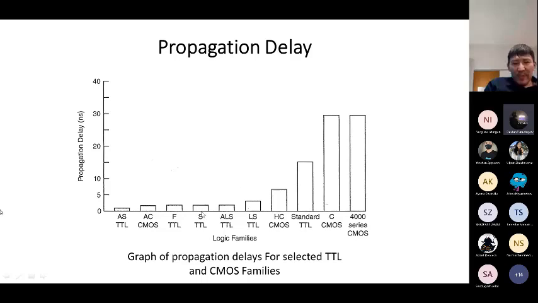So standard TTL works faster than some standard CMOS. But of course, there are some CMOS that work very fast. Here you can see. You can check the book chapter for what AC, AS, etc. mean. Actually, it was in the homework.